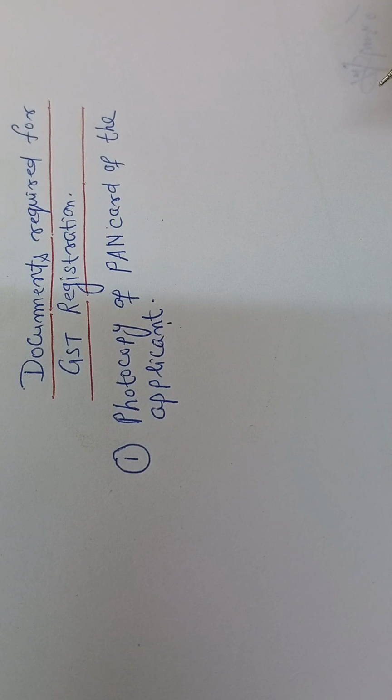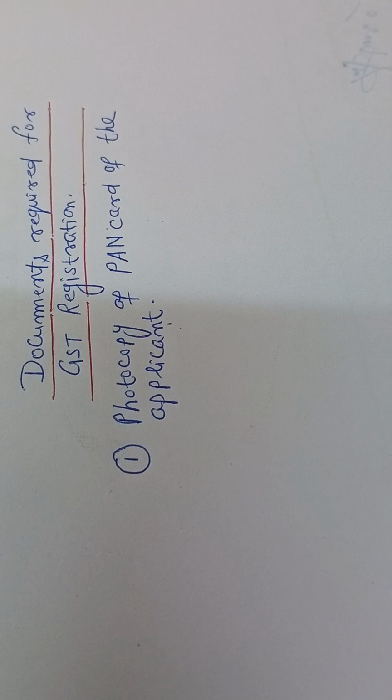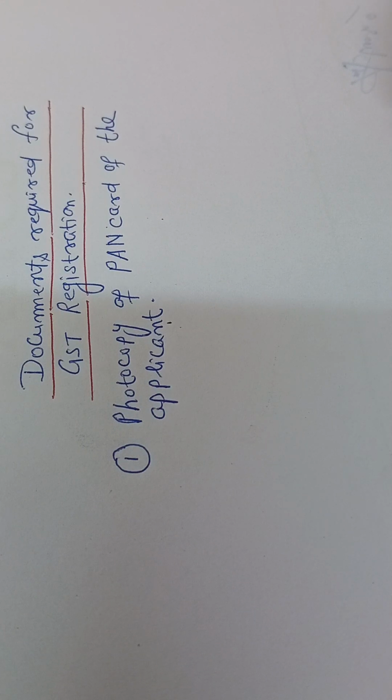This is the most important document because GST number is based on the PAN number. If there is no PAN card, then there shall not be any GST number application. Means it is not possible to apply for GST registration number without having a PAN card.